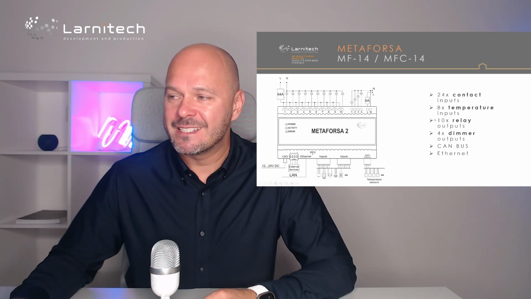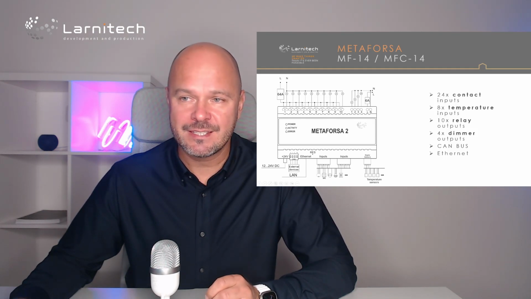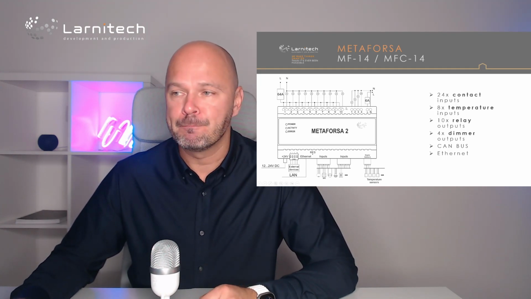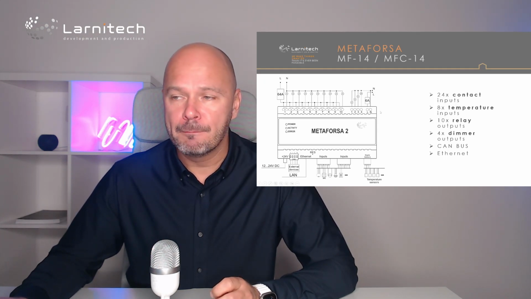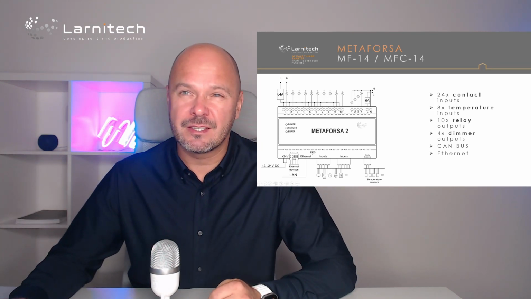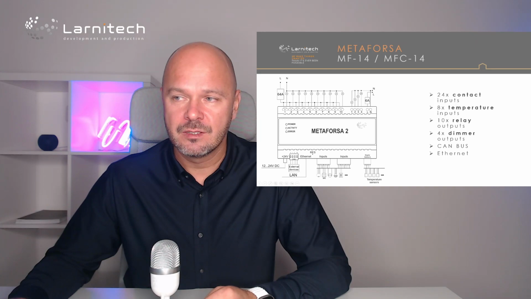And we have 10 relay outputs in here. Each of them is 16 amps, same as normal DIN rail relays. And we have 4 channels for the dimmer, and each channel in here is, I think, a little bit less than 1 amp per channel.